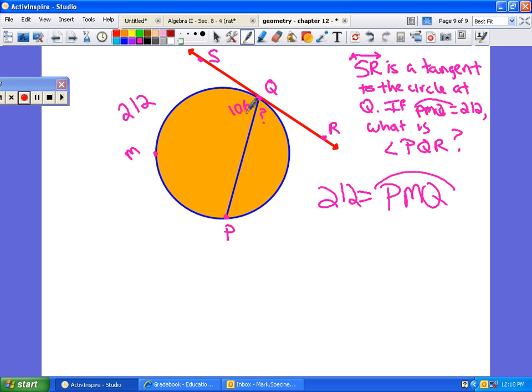You want to do that? Okay. So let's do that. 360 minus 212 is equal to what? Try that again. 100 something. I need more than 100 something. Thank you, Micaiah. Okay, so if that arc is 148, then what's the measure of the angle?